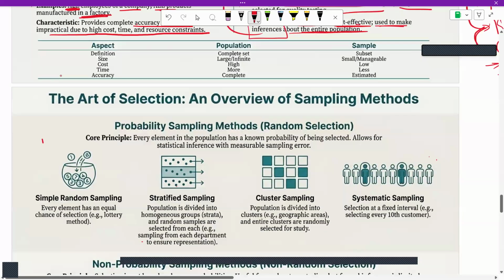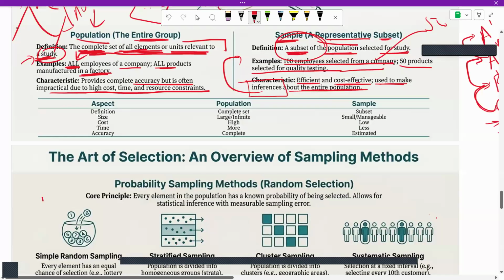See the differences in a nutshell, the population and the sample. Aspect, definition: population means the complete set, sample is a subset. Size: population is very large, sample is small and manageable. Cost: high cost to collect data from the population, low cost from the sample.